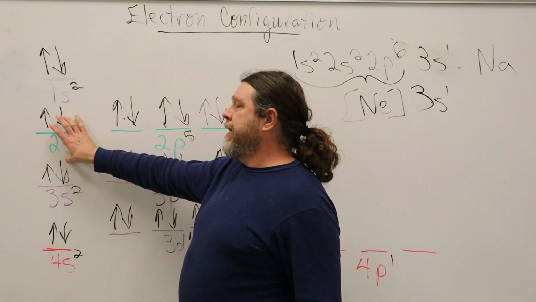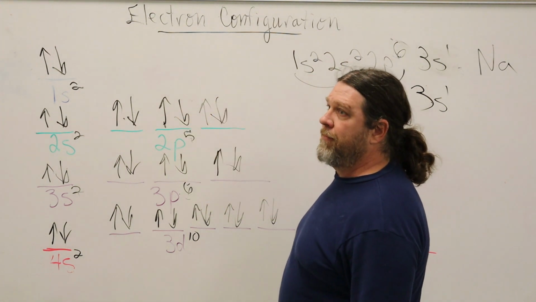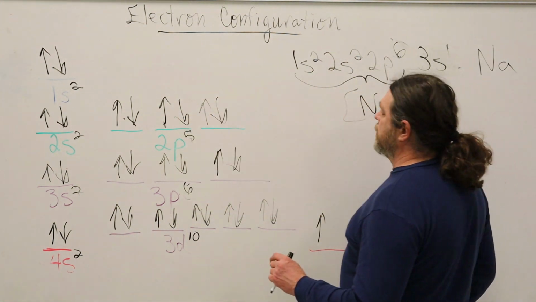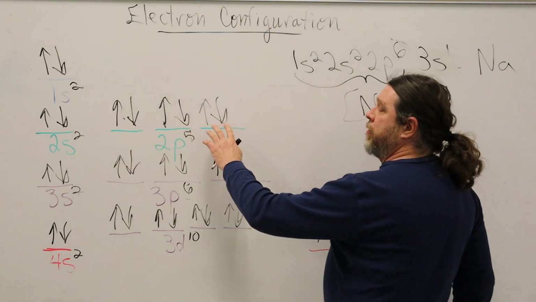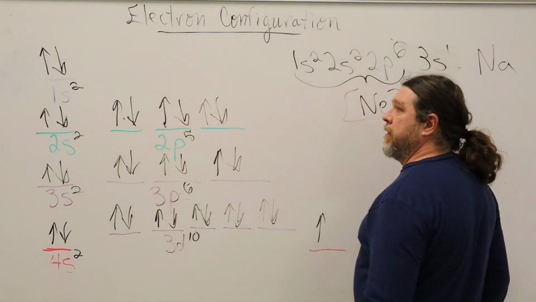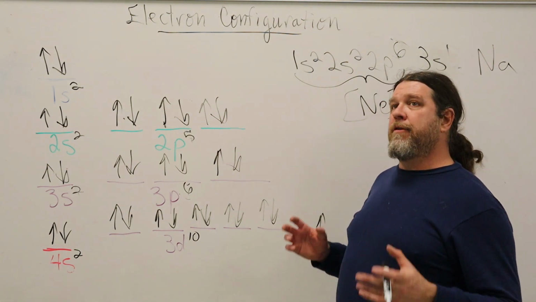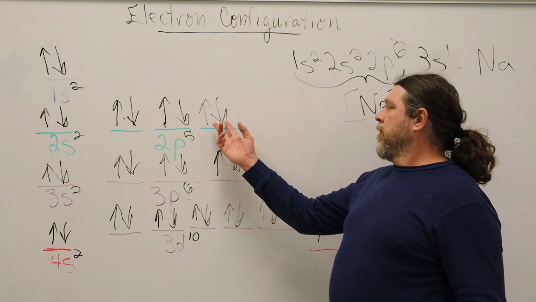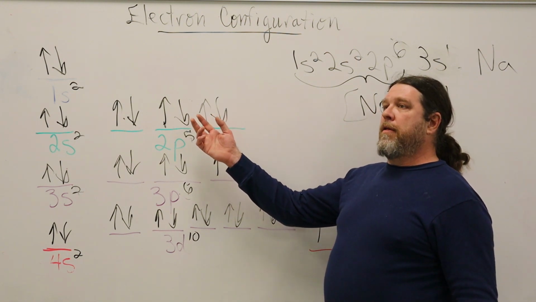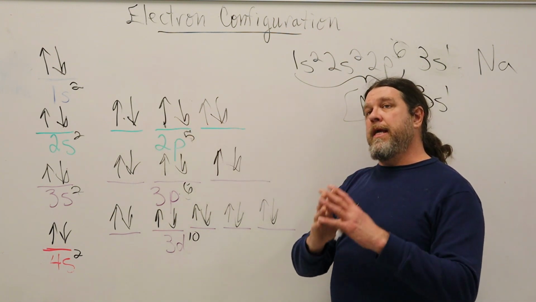We will always fill sublevels before we move on to other sublevels. Within a sublevel, we will try to distribute electrons across orbitals before we start doubling them.